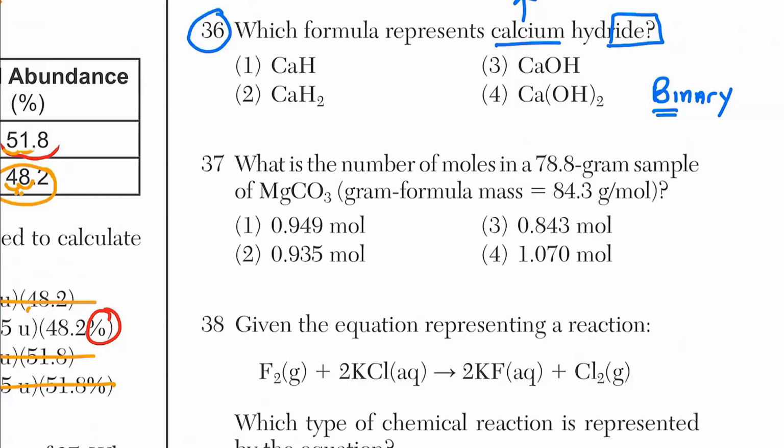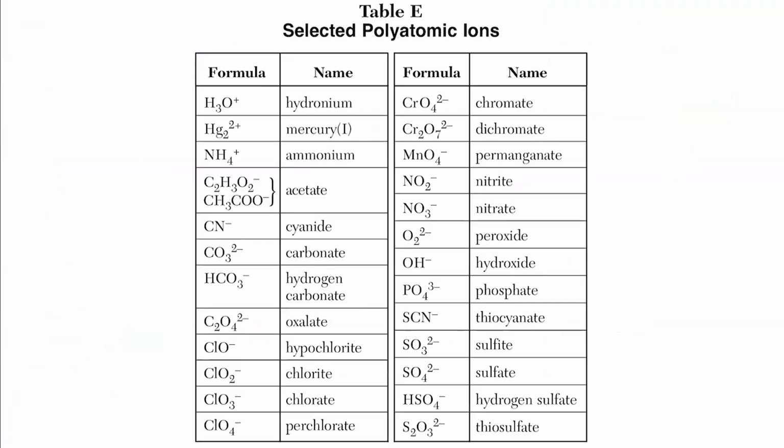So calcium is going to go in front because the positive ion or the metal does. And hydride. Now, if you notice, they have OH here. Now, OH sounds like hydride, but if you look carefully on Table E, that would not be the name of that. Let's take a look at Table E, which is what I call the what the heck is that table. In Table E, my friends, we see polyatomic ions.